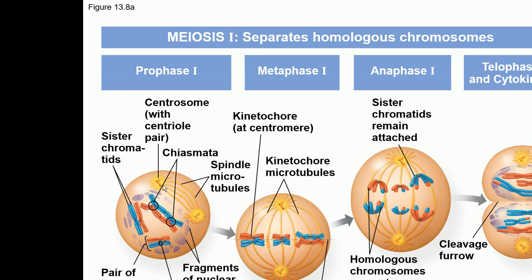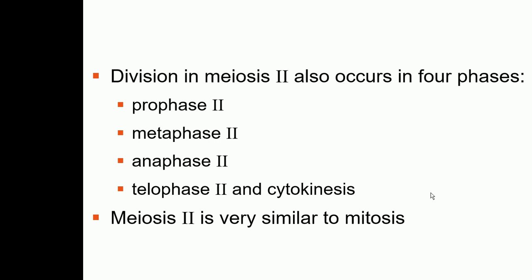Okay, so it means that from one parent cell, two daughter cells are formed, and those two daughter cells are haploid. And then meiosis 1 is followed by meiosis 2, and it also has stages like prophase 2, metaphase 2, anaphase 2, and telophase 2.